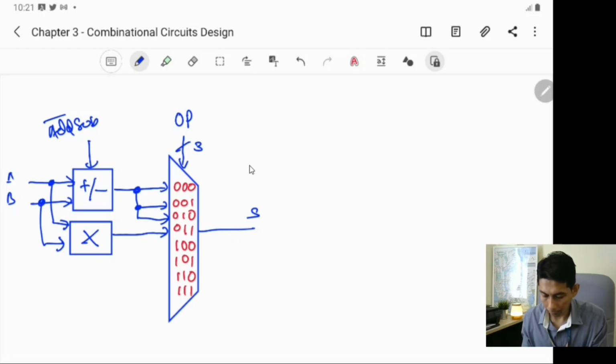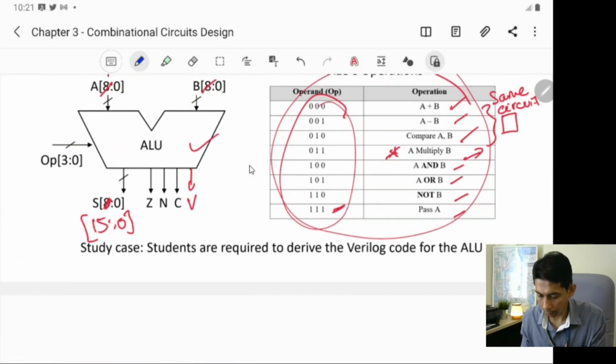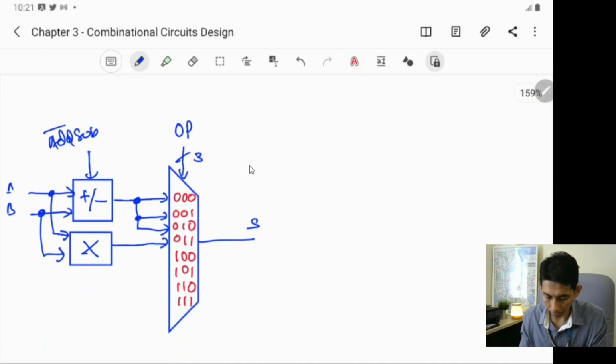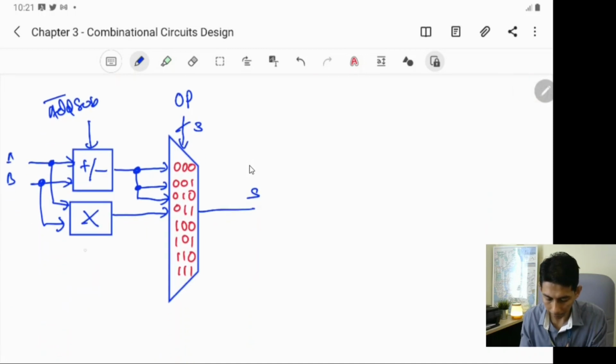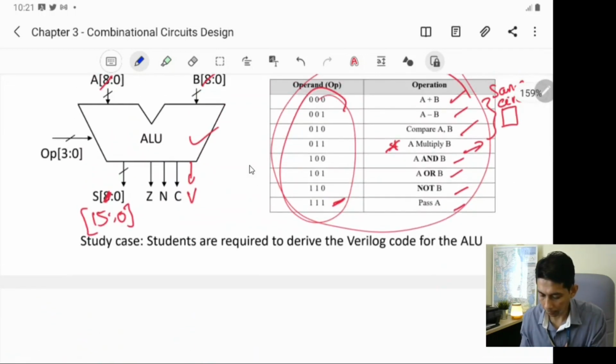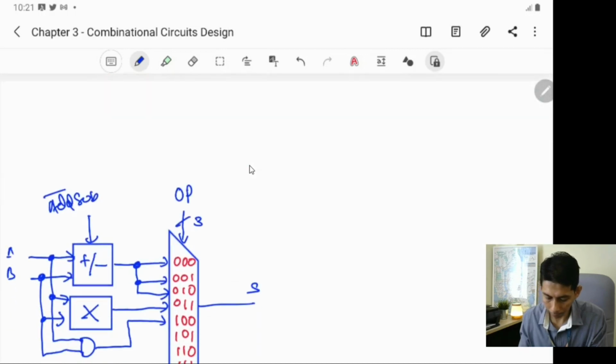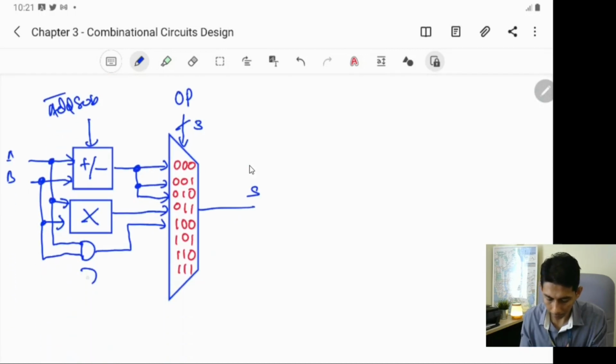Okay, and for 1 0 0, 1 0 0 is A and B, so easy. So you can have an AND gate for this one, which is A and B as well. And for this one, 1 0 1 is OR, so you can have an OR gate for this one.